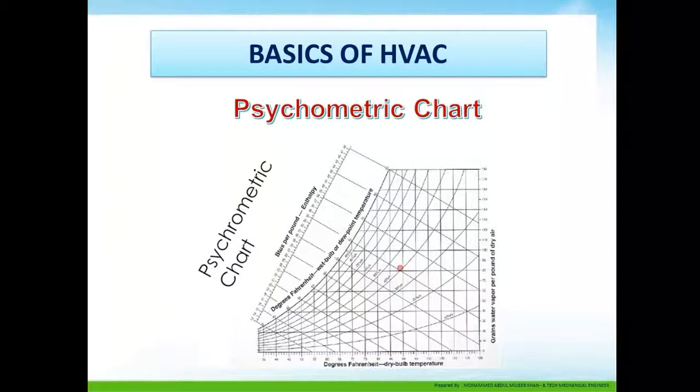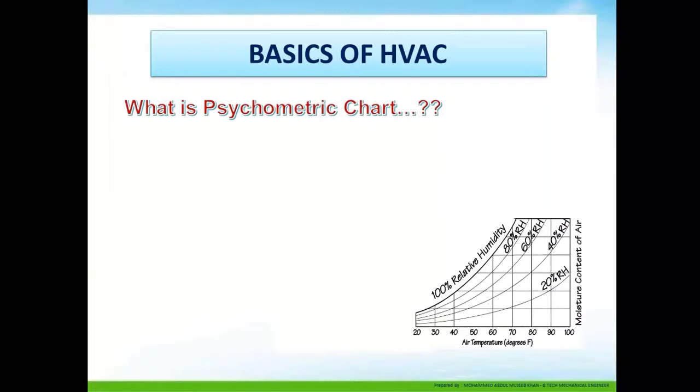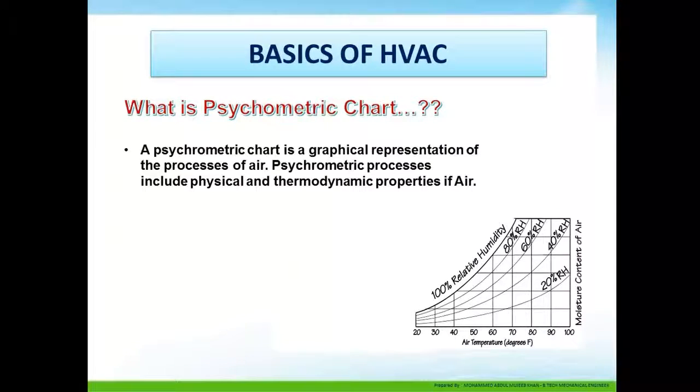Psychrometric chart. The psychrometric chart is an important tool to identify air properties. A psychrometric chart is a graphical representation of the process of air. It includes physical and thermodynamic properties of air.